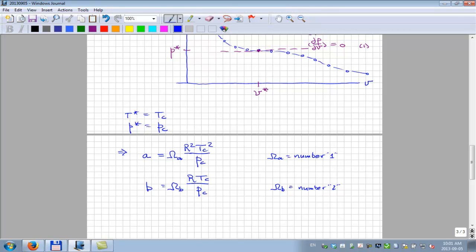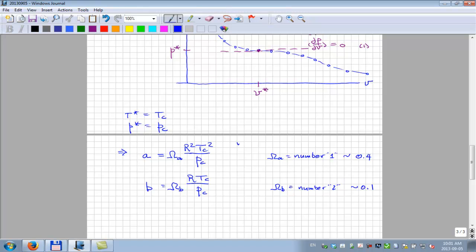And that number is a little bit different for the van der Waals cubic equation, the Redlich-Kwong cubic equation, and the Peng-Robinson cubic equation. It's name specific. And the number is always around 0.4 for A, omega A, and it's always around 0.1 for omega B.